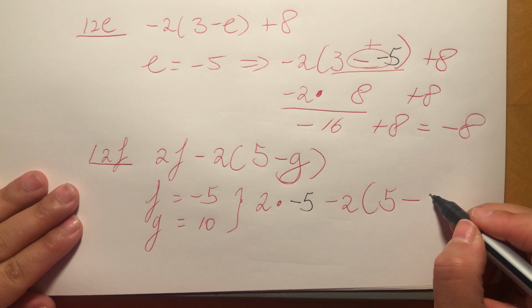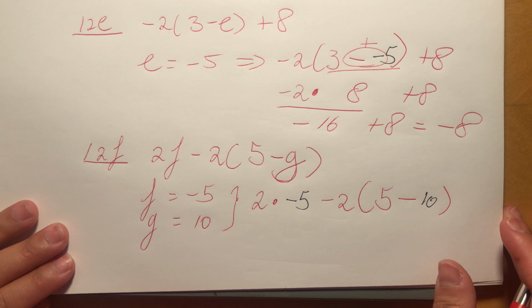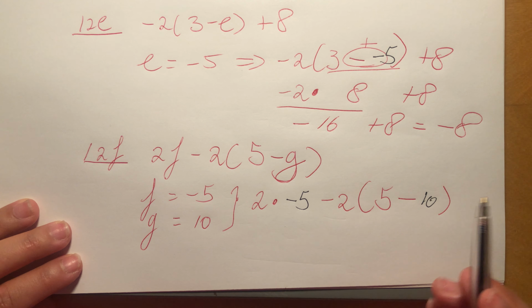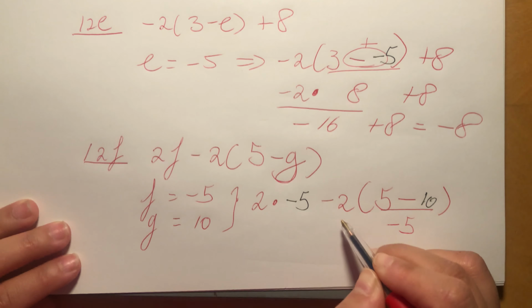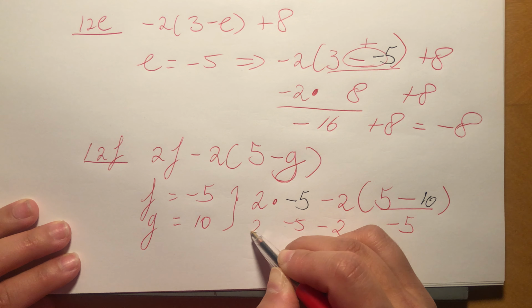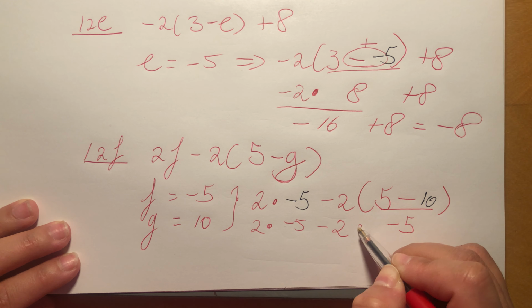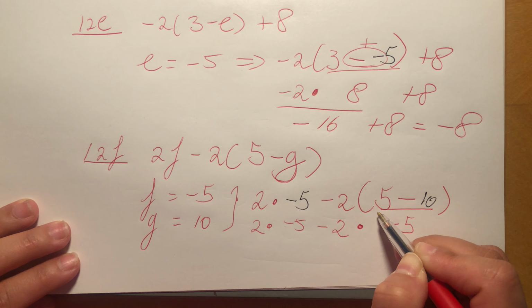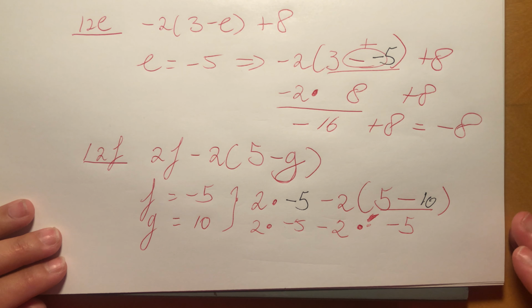G is 10, we write 10 over here. Closing bracket. Let's calculate, guys. Within the bracket first, 5 minus 10, negative 5. Bring the 2 down, negative down, everything. We didn't do anything yet on this side. Remember, there's a multiplication sign in here.